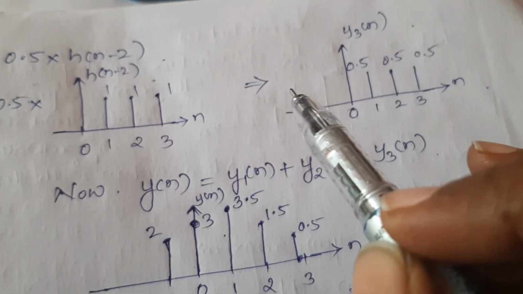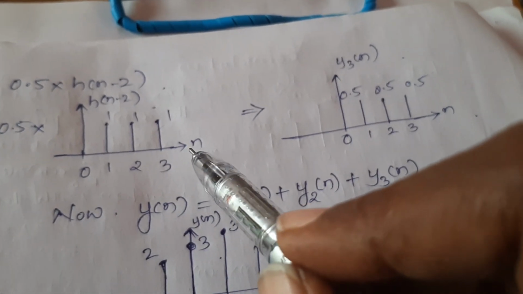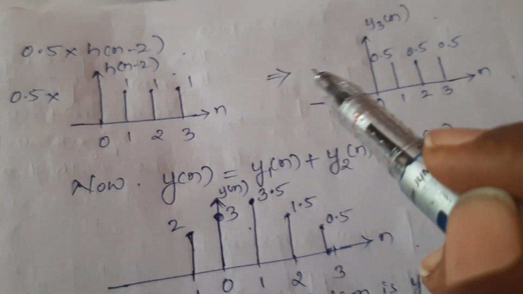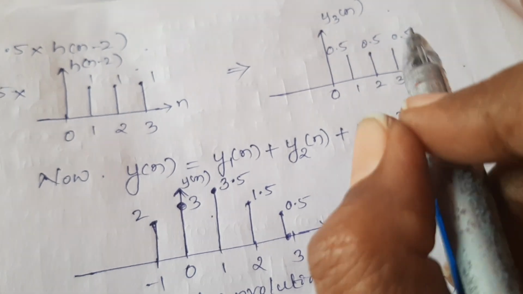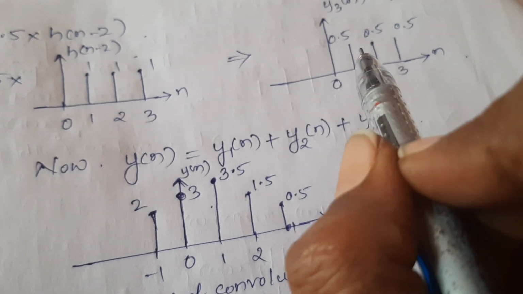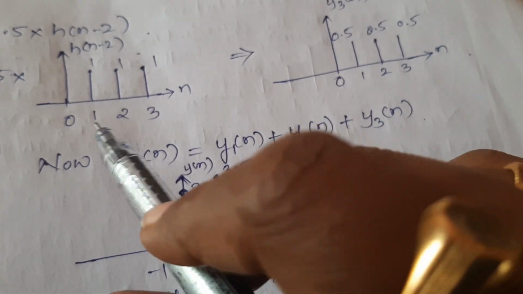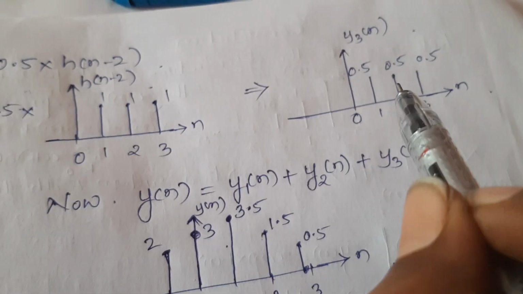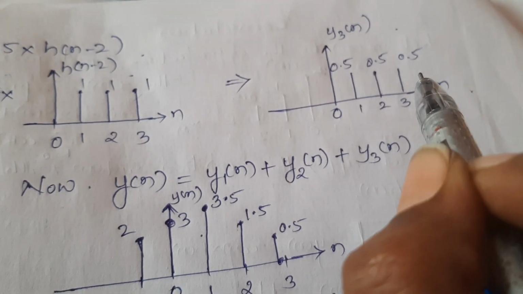Then the multiplication of the h of n minus 2 signal with 0.5 results in all the samples having amplitude 0.5, but with places running from 1 to 3. Now this is our third intermediate output.